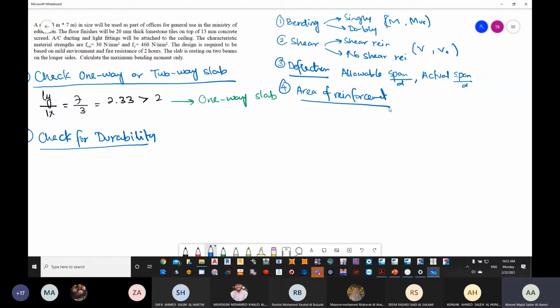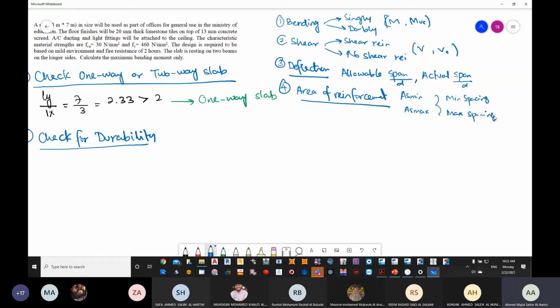Okay. So here, another check that we need to do is area of reinforcement. If you remember, we had something called AS minimum and AS maximum. And there is something called minimum spacing as well, and there is maximum spacing.